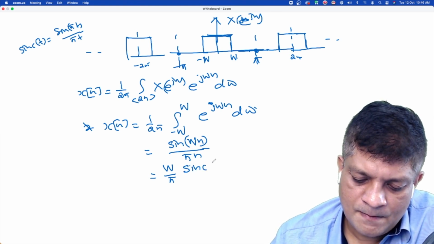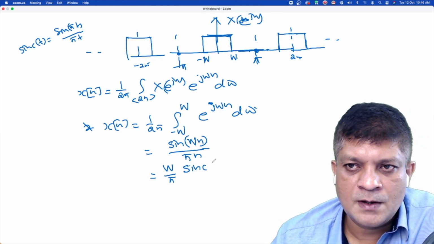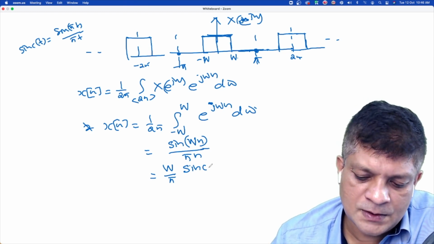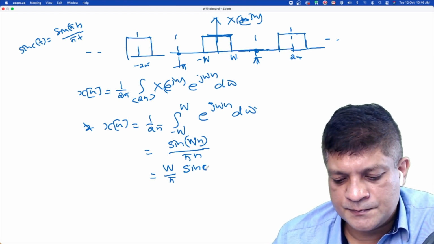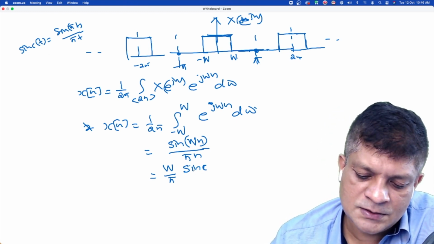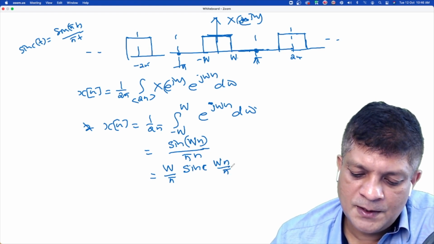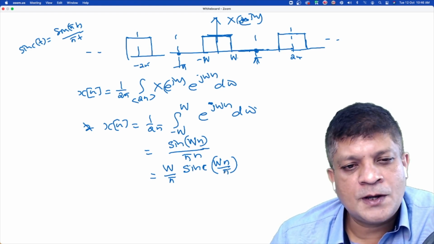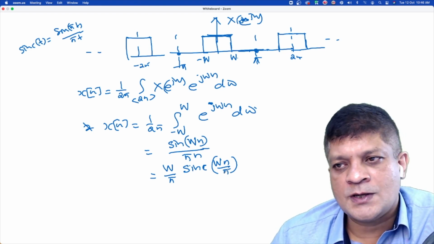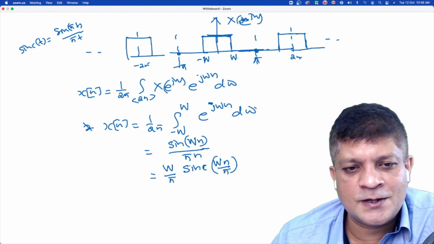This is a discrete signal, but I'm talking about converting it into a sampled version of a continuous time signal. So can we at least write this as sinc of Wn by pi? So you are saying that it is a discrete time signal.